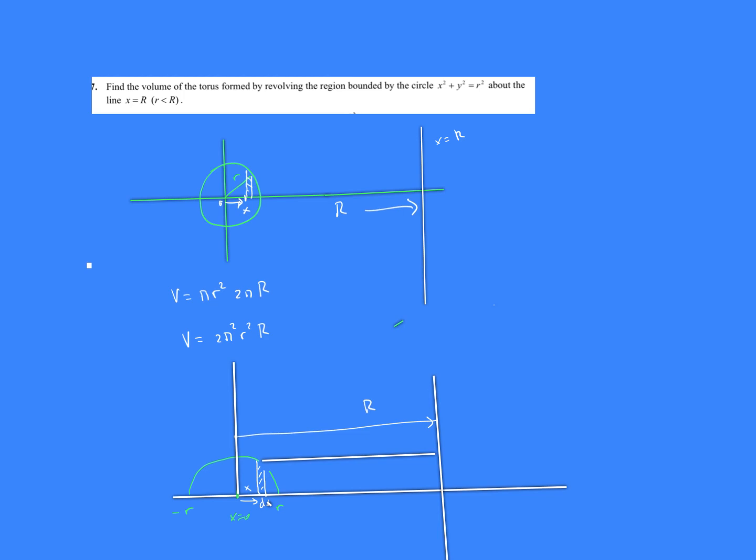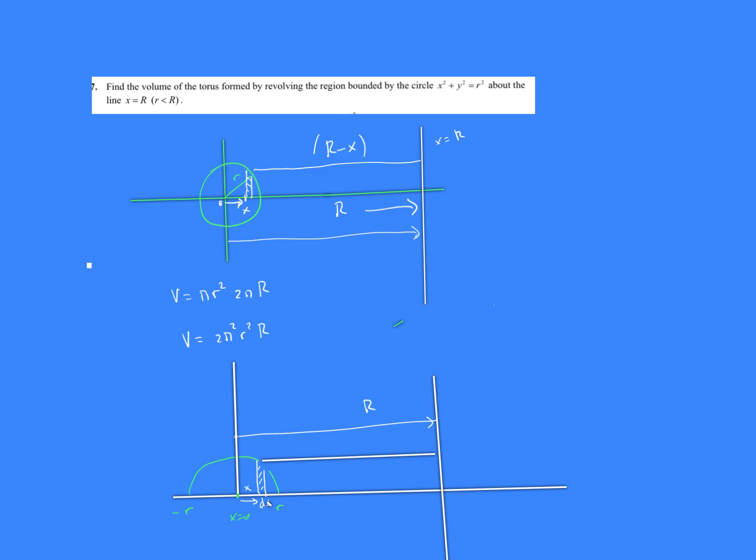So if I made a figure, the radius will be this distance. And what will be the distance? Well, r is everything, and x is from here to here. So the radius is r minus x.